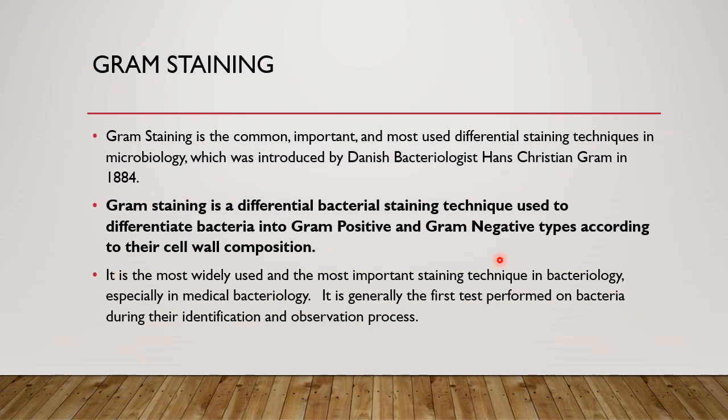Based on the cell wall composition, we usually classify bacteria into two types, gram positive and gram negative, mainly based on the peptidoglycan composition. To differentiate them, we use this gram staining technique. After doing this staining, both appear in a different color, so that you can know what is what.